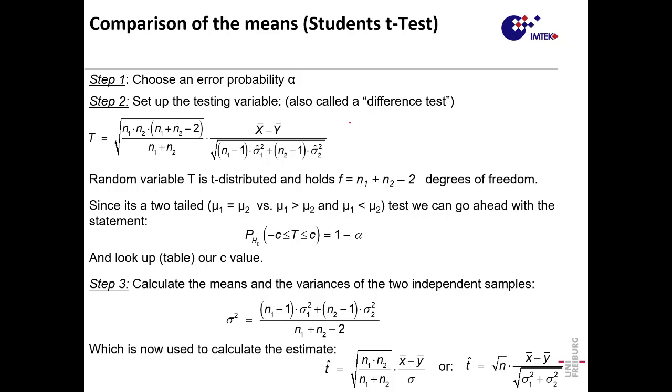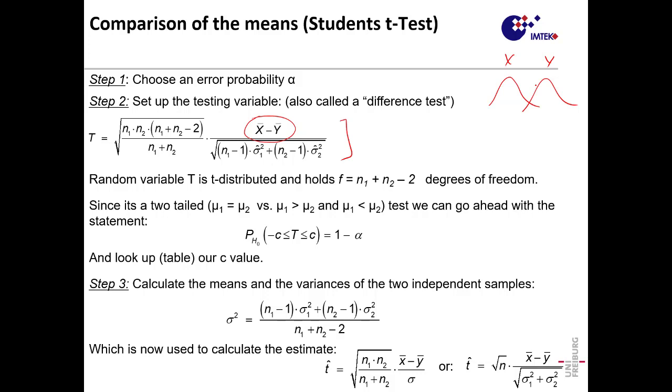Second, you have to create your t statistic. This looks a little bit big, but it's not so complicated. First, we want to know the difference between the means of the two samples, x and y. That will give you an idea of how different they are.